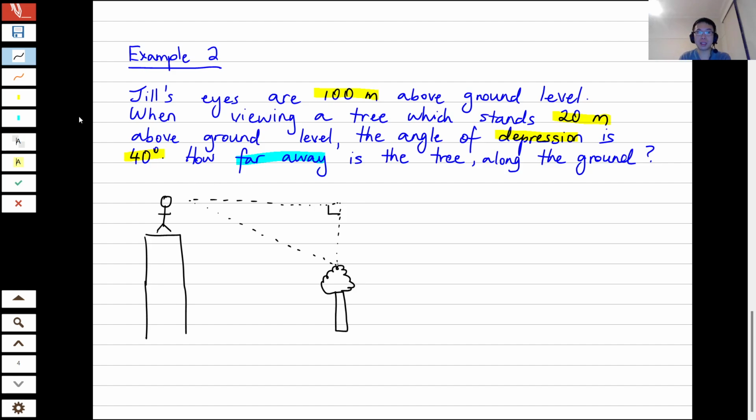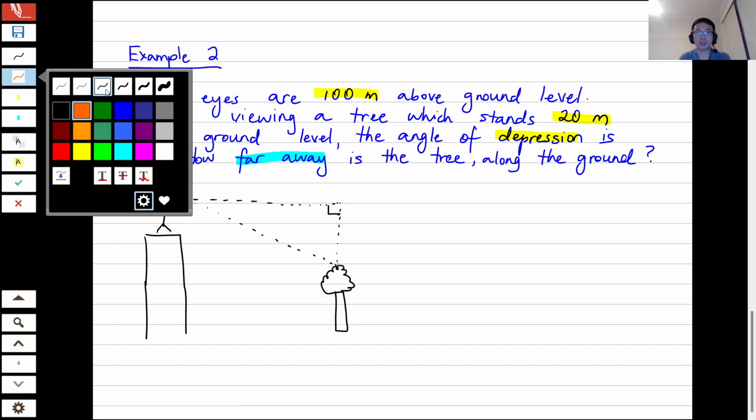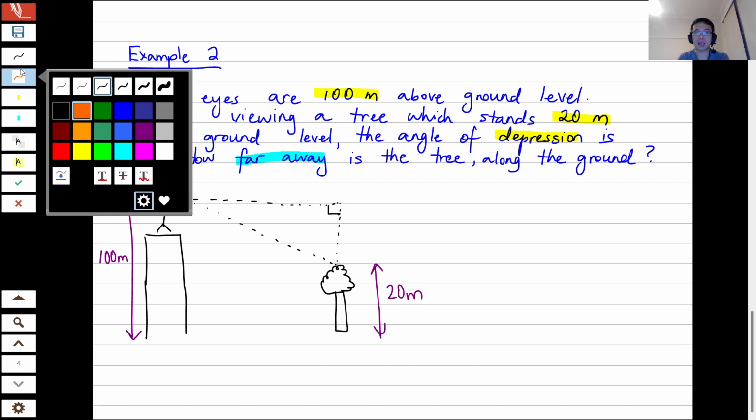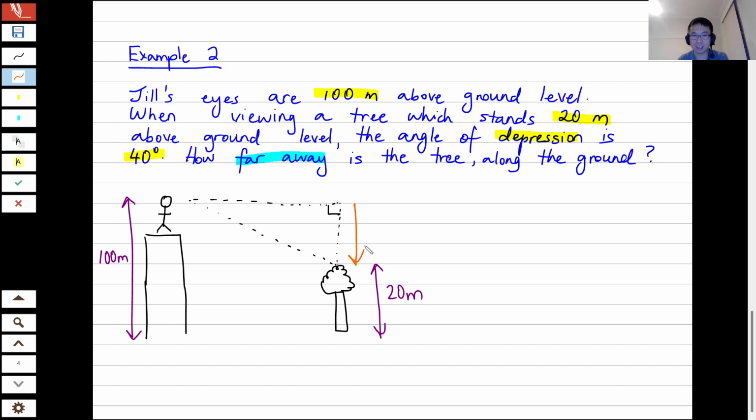So if we know that the tree is 20 meters tall and eye level is 100 meters above ground, then this height here has to be 80 meters because 100 minus 20 equals 80.